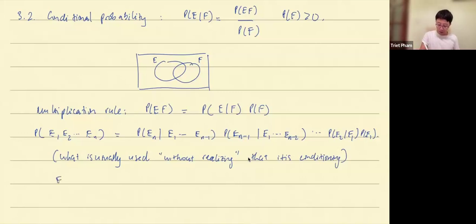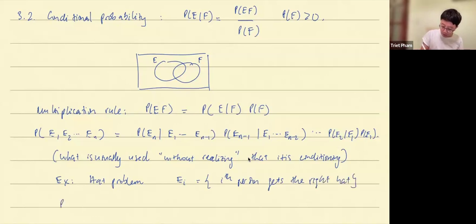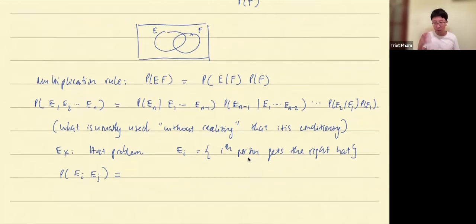For example, let's say on the hat problem, the matching problem. Let EI be the event that the ith person gets the right hat. Then if you look at the probability of EI, EJ, which is the probability that both person I and person J get the right hat, there are n people total.